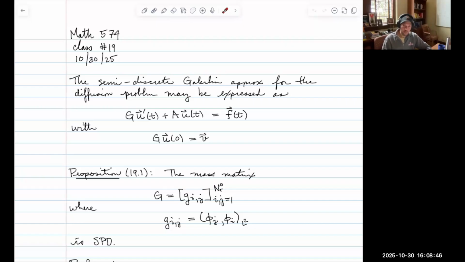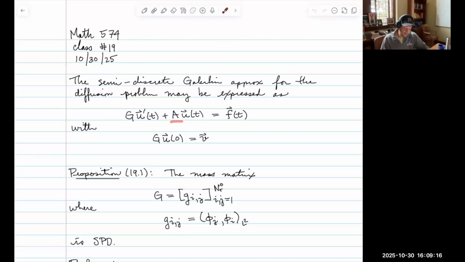So after we've converted from the finite element formulation of the problem over to the coordinate formulation of the problem, we get this system of ordinary differential equations involving matrices. The matrices that are important here are the mass matrix and the stiffness matrix. The stiffness matrix is exactly the same as it was before.